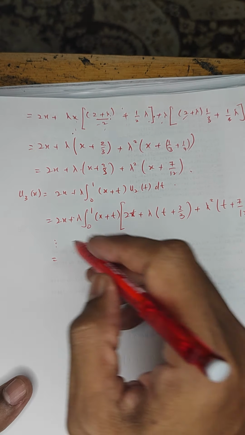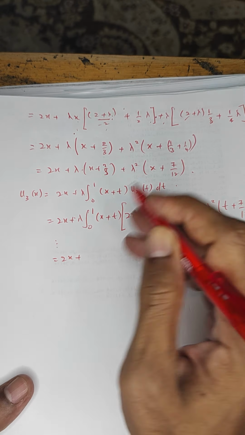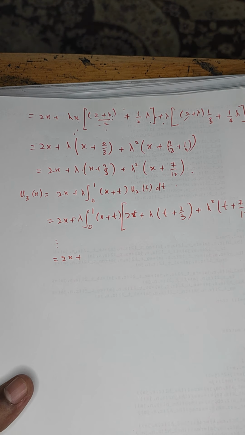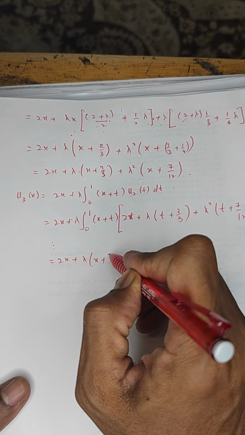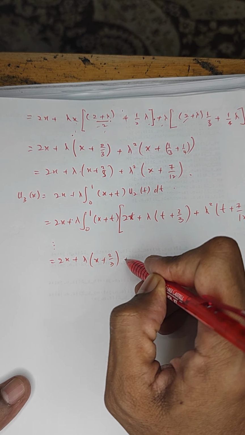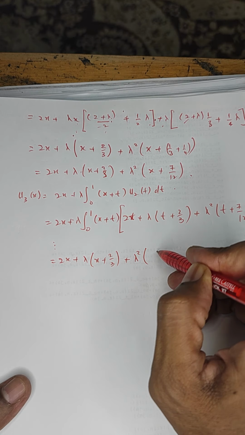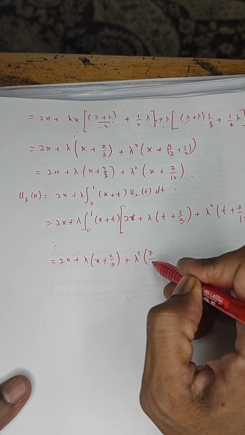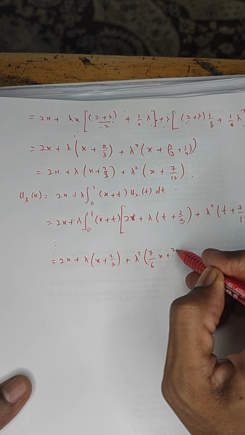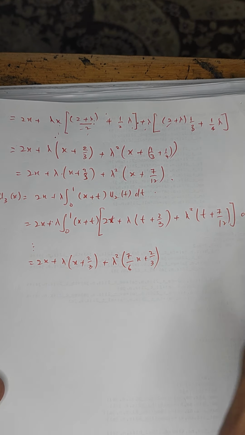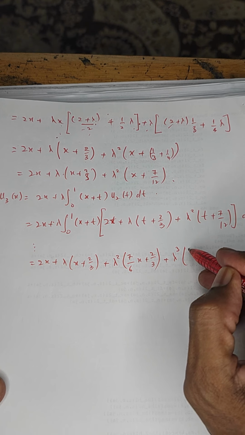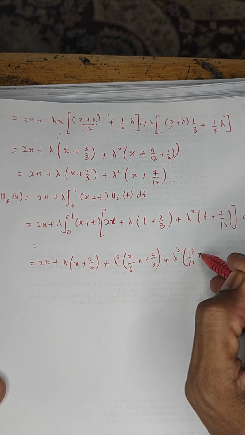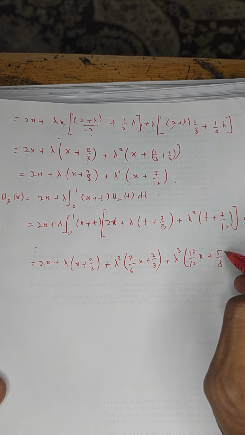This gives you 2x plus, and remember to arrange according to lambda. So we have lambda, x plus 2 over 3, plus lambda squared, 7 over 6 x plus 2 over 3, and plus lambda cubed, 13 over 12 x plus 5 over 6.